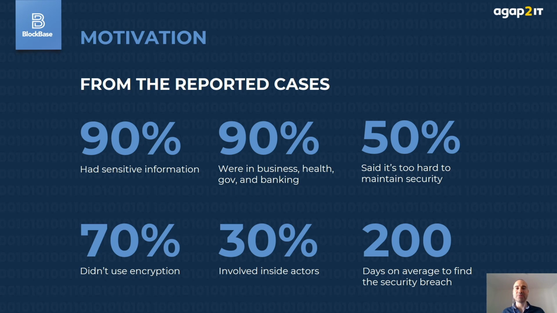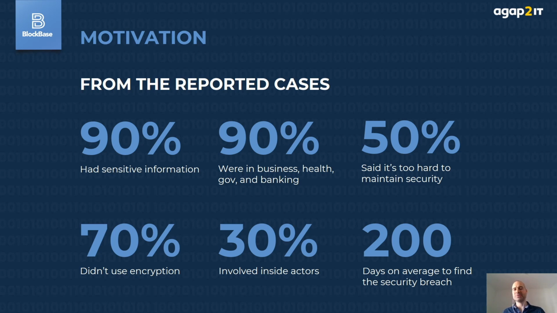So there's a big problem with doing security. In 70% of the cases, they didn't use any type of encryption. So if the hackers had access to the database, everything was open, right? They could steal all the data they wanted and manipulate all the data and so forth.